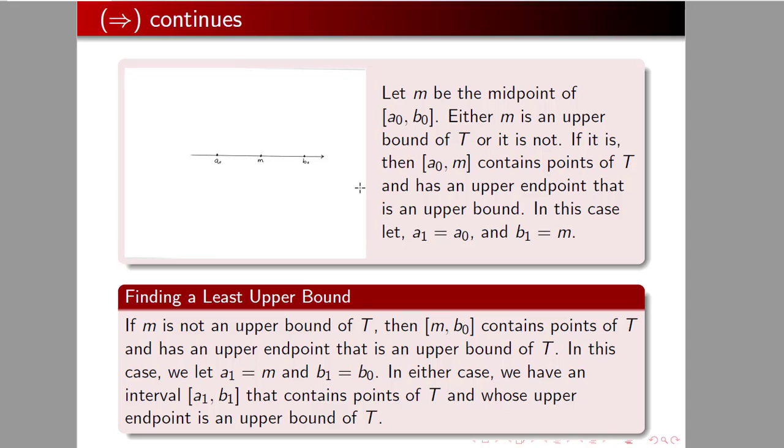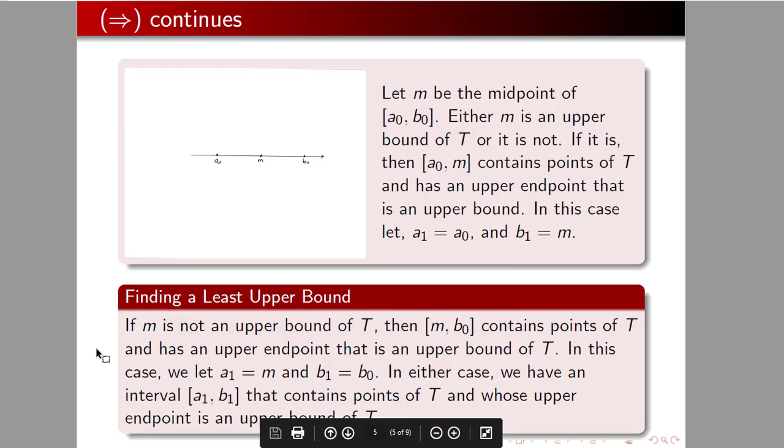If it is an upper bound of T, then [a0, m] contains points of T, and it has an upper endpoint that is an upper bound of T. And so in this case we would let a1 equal a0 and b1 equal m.